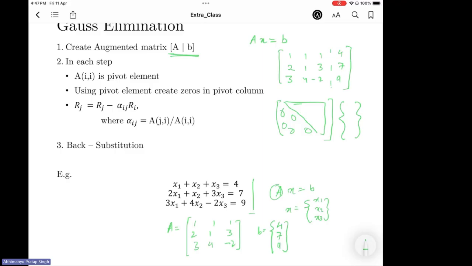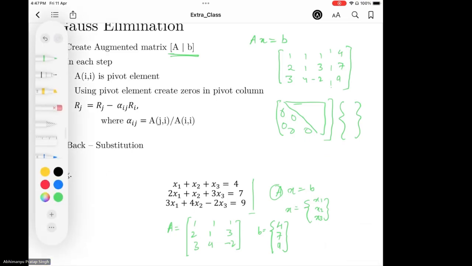So it is like Ax = b. Suppose this is the matrix, and then we have this x vector and we have b. While we are doing this operation, whatever operations we are doing on this side of the matrix are also done on this side.